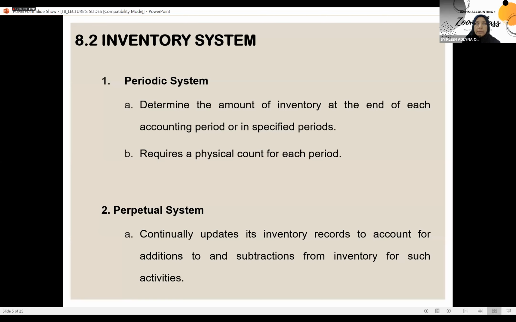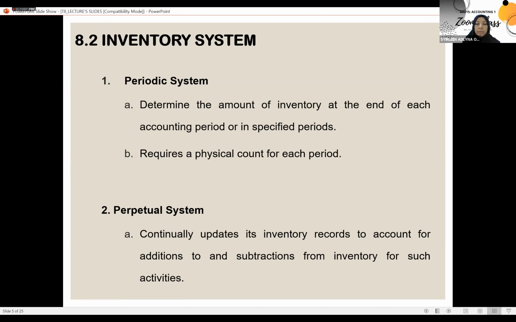Sebab dulu kalau periodic system, if you have drawings, kita akan debit drawings, credit purchase. Tapi kalau dalam perpetual system, it won't be credit purchase anymore, sebab kita akan tolak dia terus daripada inventory. So there's another way of doing the journal system lah. Ada cara lain untuk catat journal.